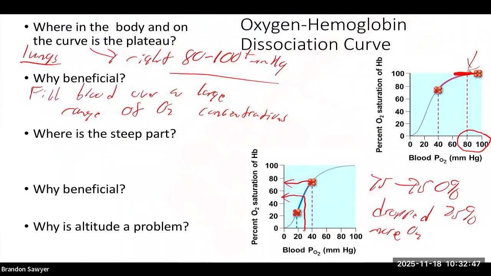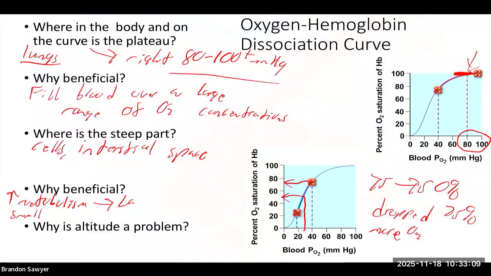So this would be down at our cells, interstitial space. Okay, why is this beneficial? Because for a small increase in metabolism, we have a large increase in oxygen delivery.